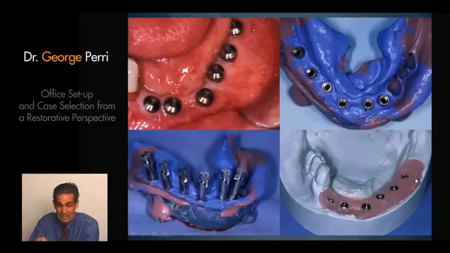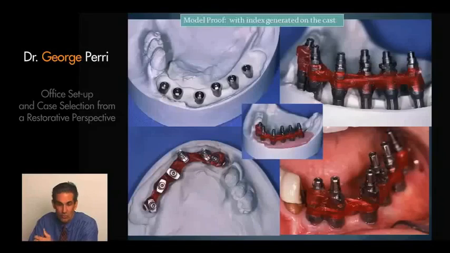For me, on this case, I had doubts about its accuracy. So one technique, as we've already described, is to put the open tray impression copings on this model and link them together. And I used a technique here that I actually use intraorally quite a bit, with the floss running between the different copings, taking just a dab of GC pattern resin at a time, slowly building up this framework of GC pattern resin, not a big mass of acrylic all at once.